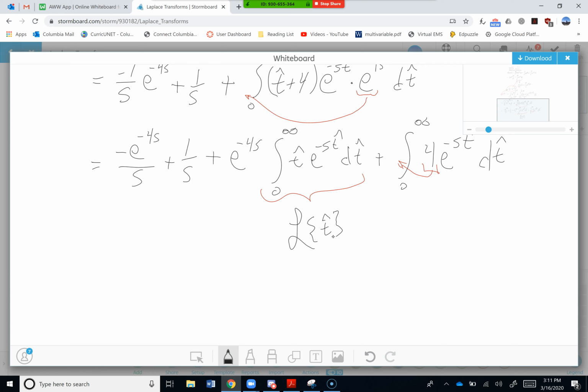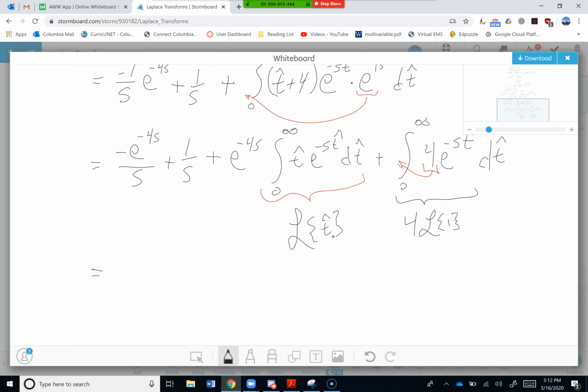And then I can just look up in the table like you wanted to. And then this part here is 4 times the Laplace transform of 1. Perfect. You guys with me?